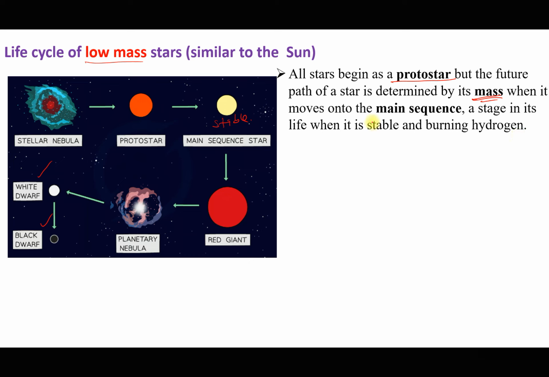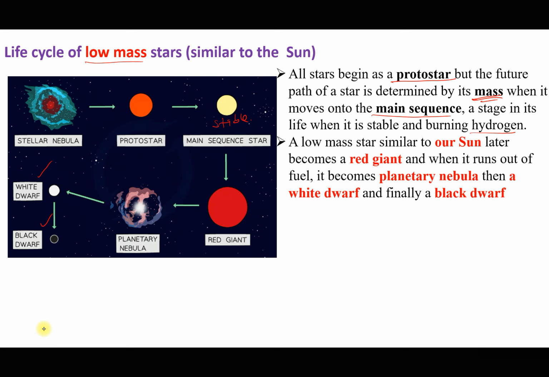So the main sequence is the stage when the star is stable and is burning fuel, which fuel is actually hydrogen. A low mass star, similar to our sun, later becomes a red giant, and when it runs out of fuel, it becomes a planetary nebula and a white dwarf, and finally a black dwarf.